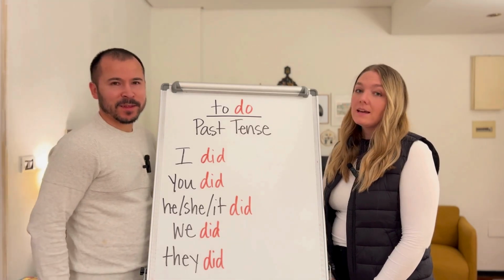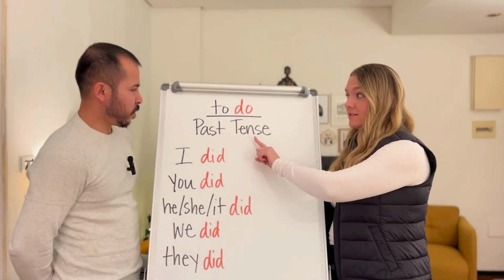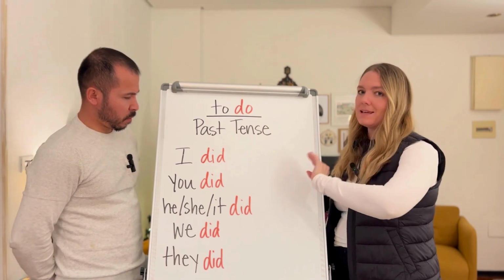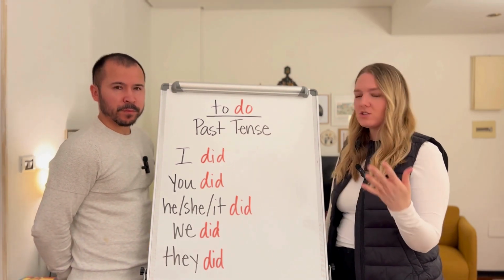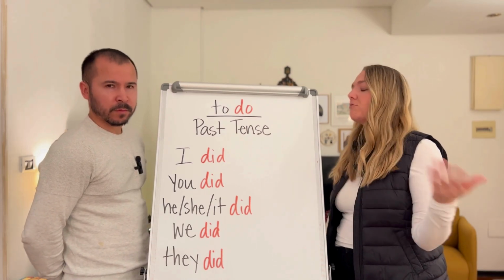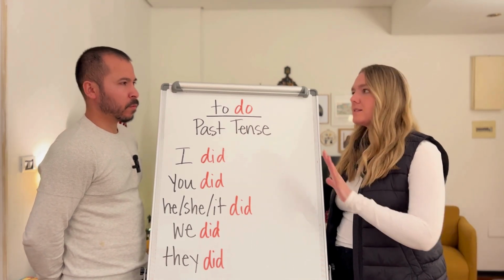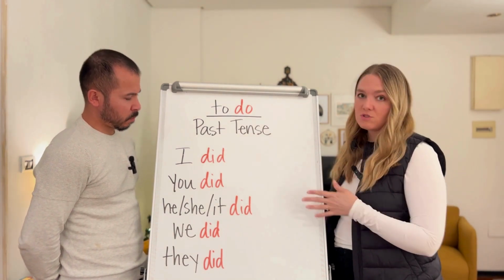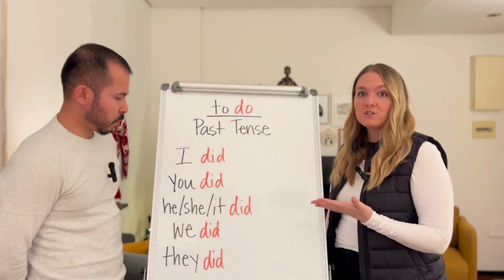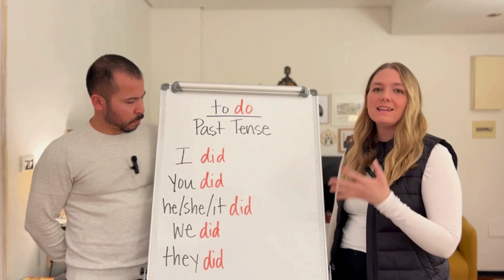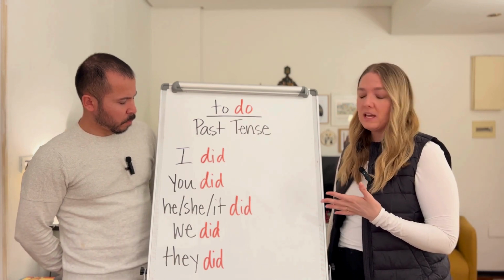And in the past tense, with the verb to do, past tense means it happened in the past. It could be yesterday, it could be last year, it could be last month, it could be 500 years ago. Past tense means anytime in the past. So, usually, with a verb in English, when you have the past tense, you add an ed onto the verb.